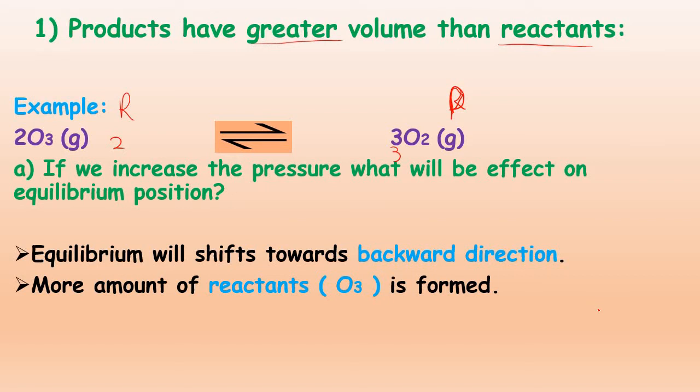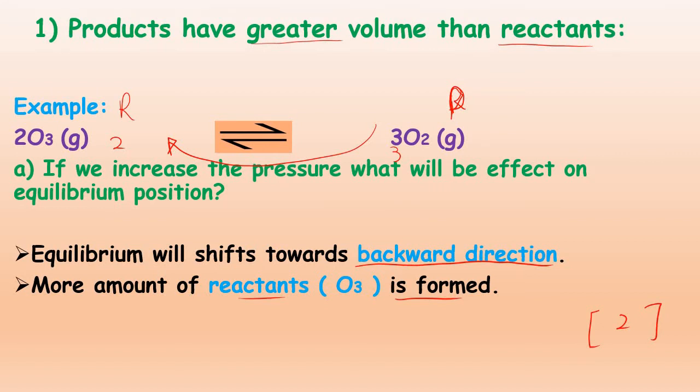As I have already told you, we have to write 2 sentences because there are 2 marks. So number 1, the equilibrium will shift towards the backward direction, and the backward direction means this direction, right? More amount of reactant, like O3, is formed, right?